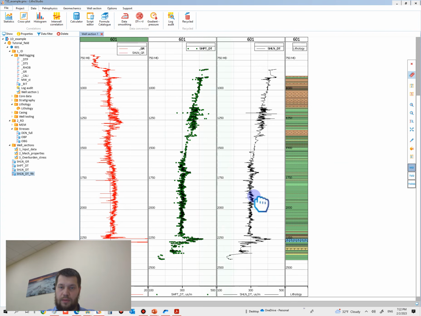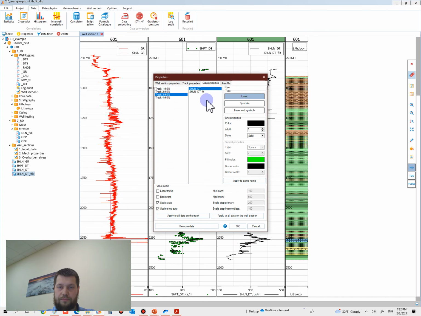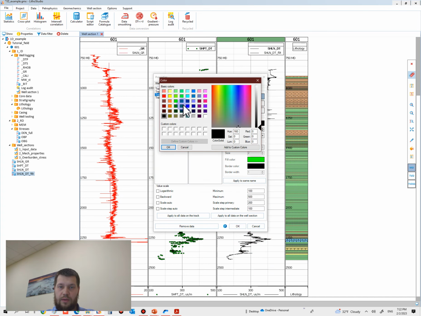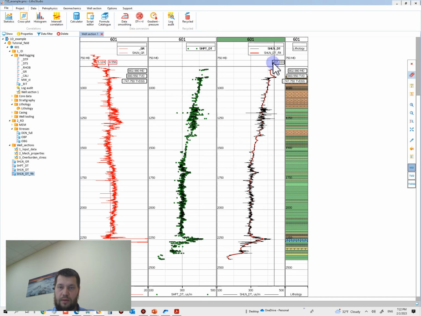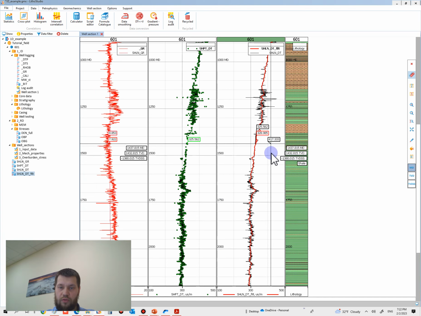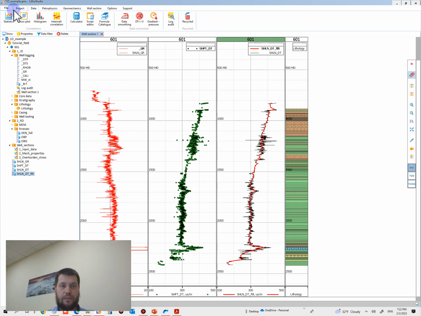Please note that we got a more smoothed curve, and it looks more physical for calculation of pore pressure than the initial shale line curve. Okay. Don't forget to save.